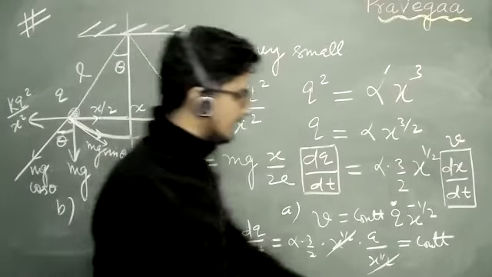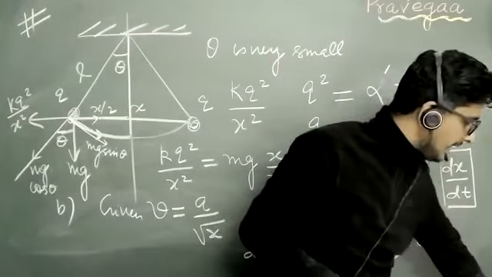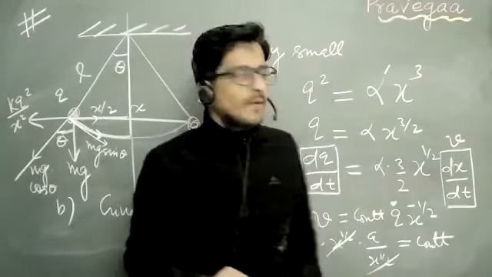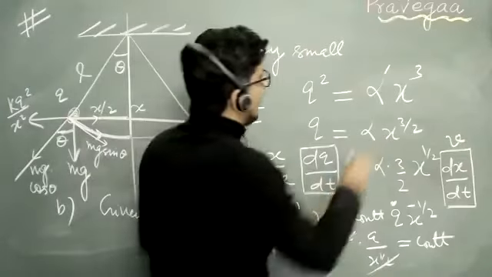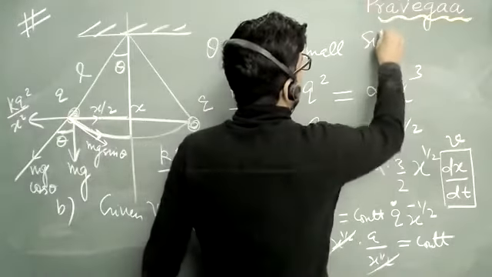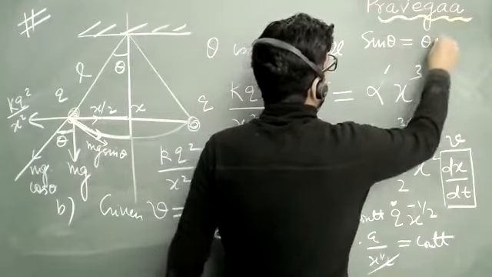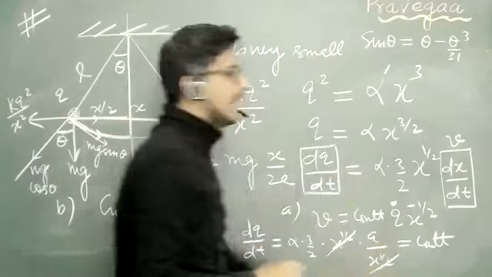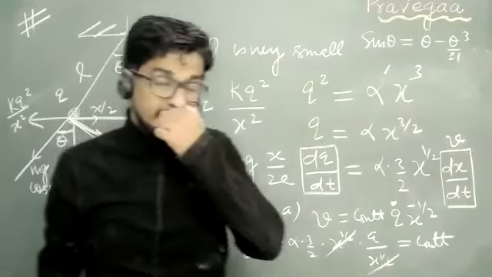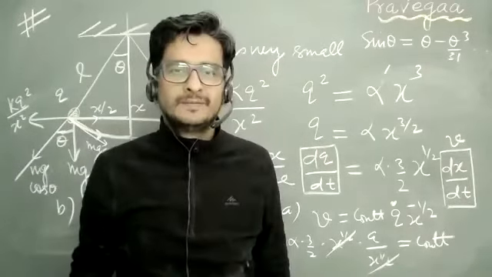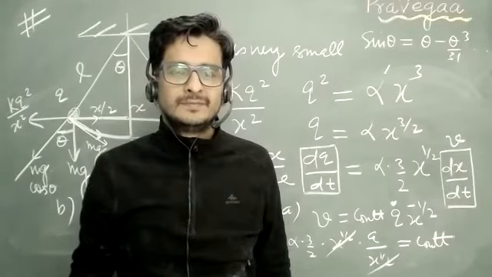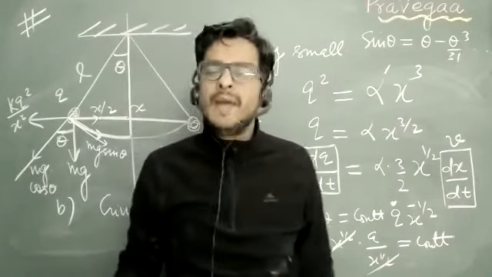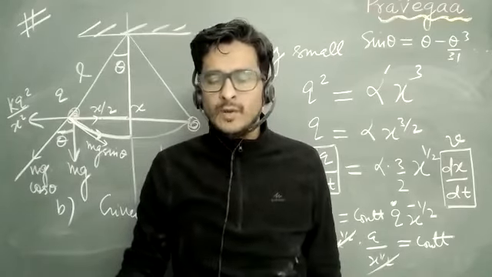You cannot avoid that. And if you want to avoid it, then see the problem of non-linear dynamics where sin theta is not theta, but it is taken as theta minus theta cube by 3 factorial. Other terms are avoided and it becomes such a difficult problem to solve. I think some of you may have encountered this in your postgraduate. Can anybody tell?